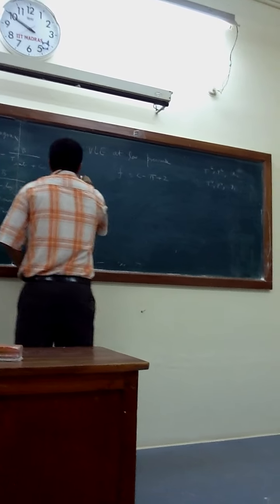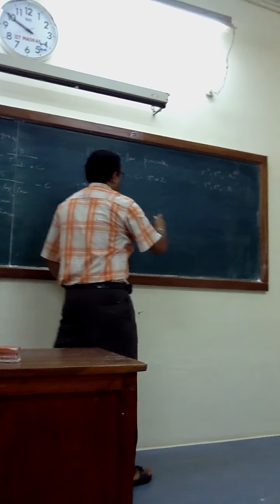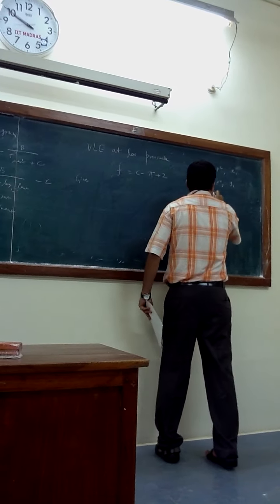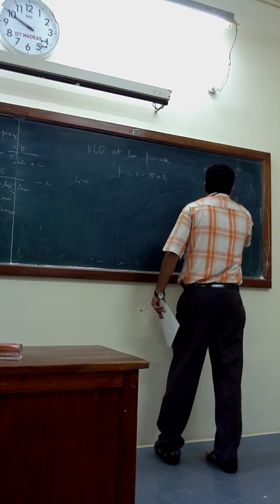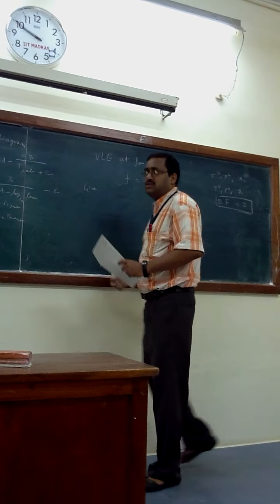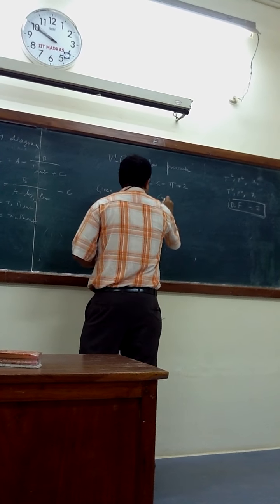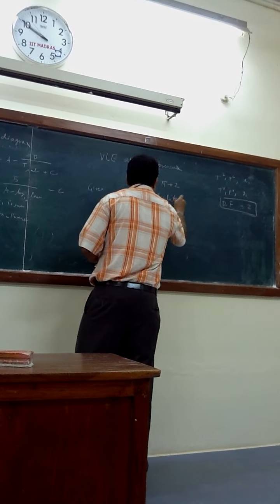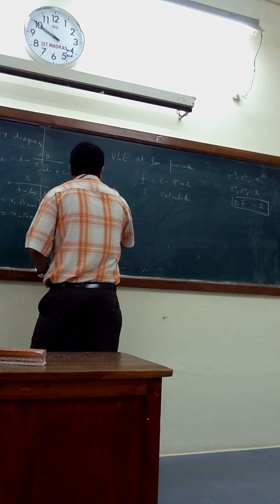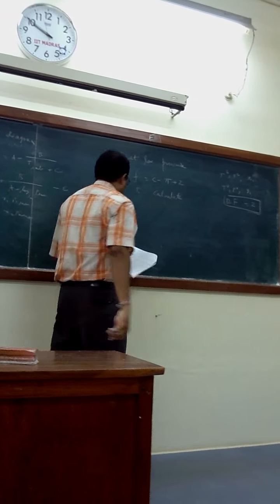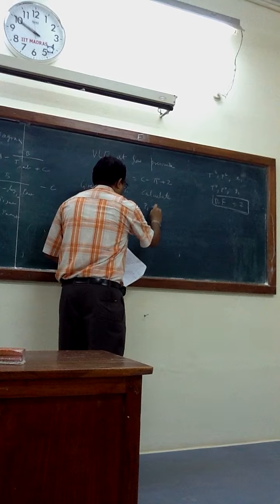So since degree of freedom is 2, that means 2 variables have to be given to get a solution. So given, and to calculate: if T and x bar are given, then you have to calculate P and y bar.